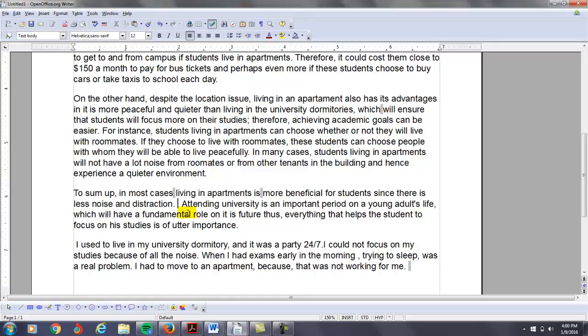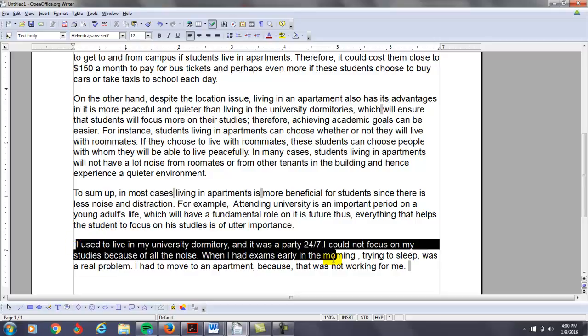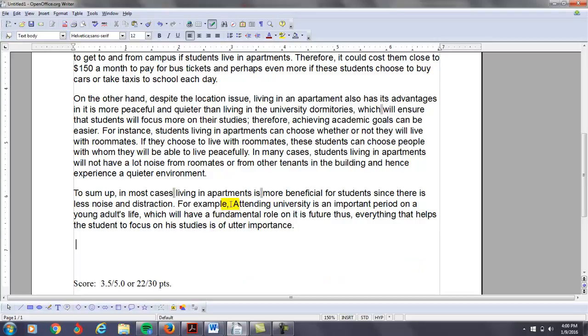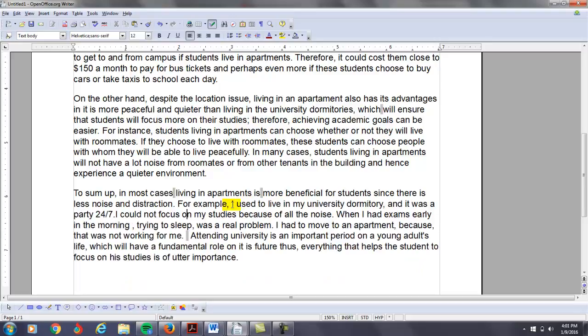So let's say, so we're going to take this idea here and put it here. Now I think we're getting somewhere. For example, I used to live in my university dormitory. It was a party 24/7.